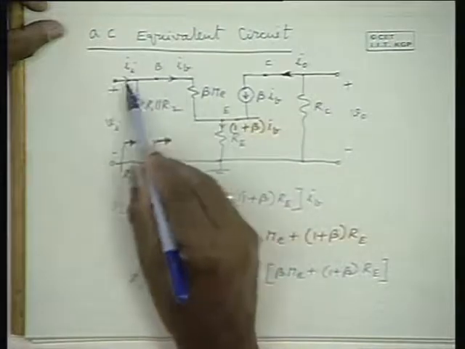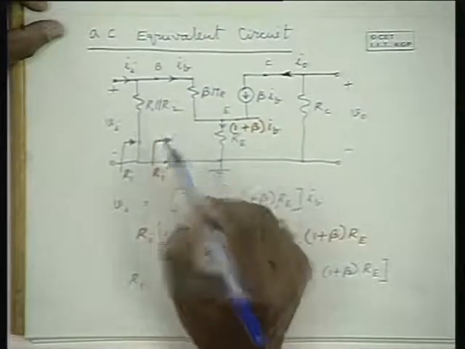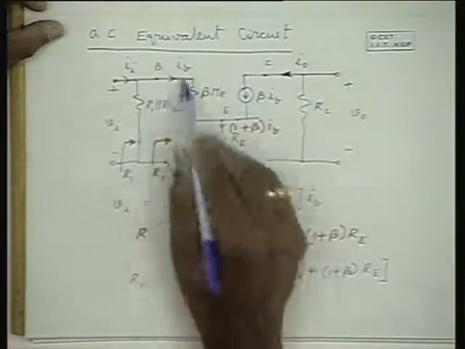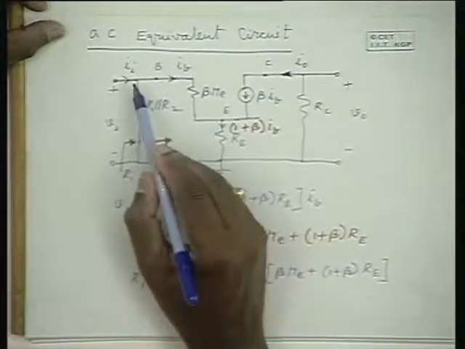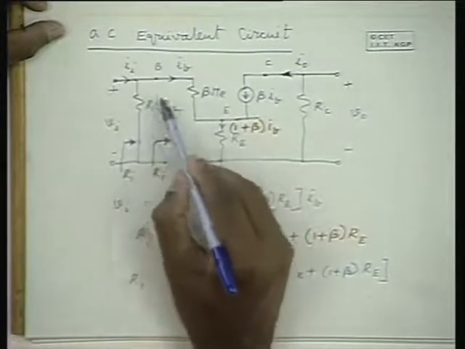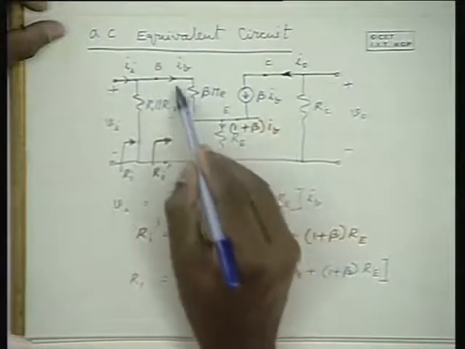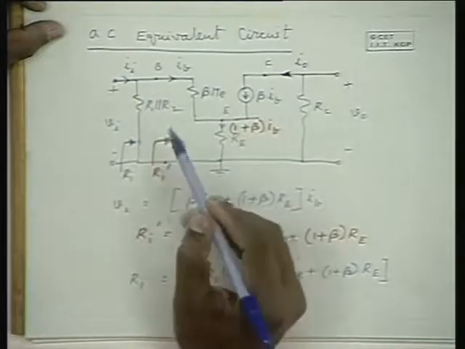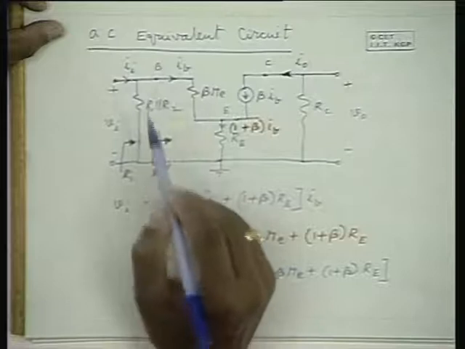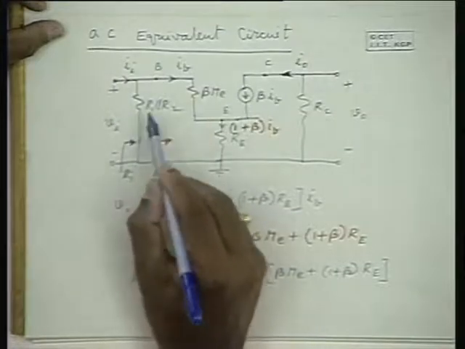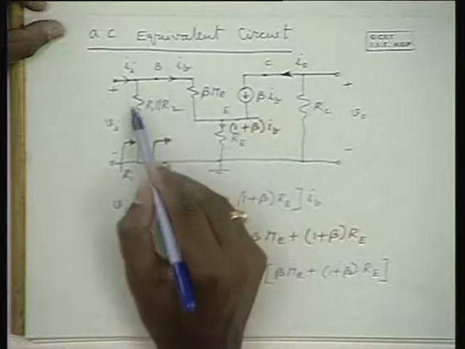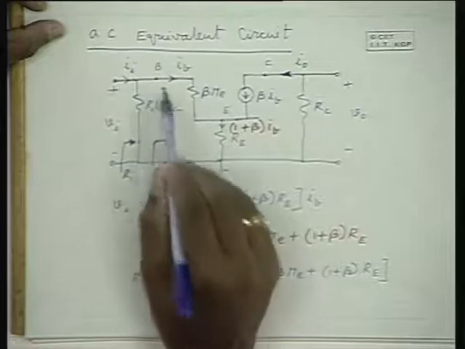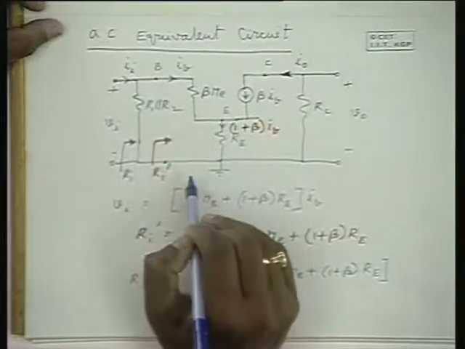Now the Ii to IB ratio can be determined because that is needed in the expression. With this resistance Ri dash, please note that Ii gets divided between the parallel combination of R1 and R2 and this Ri dash appearing between these two terminals. Therefore, IB is Ii into R1 parallel R2 divided by R1 parallel R2 plus Ri dash, because it is the division between these two parallel resistances.